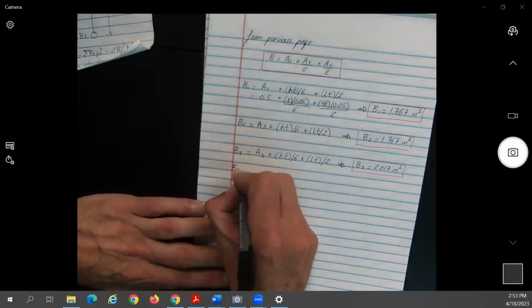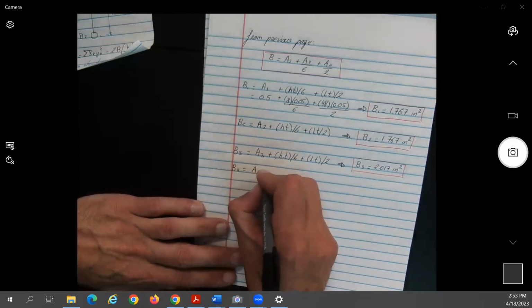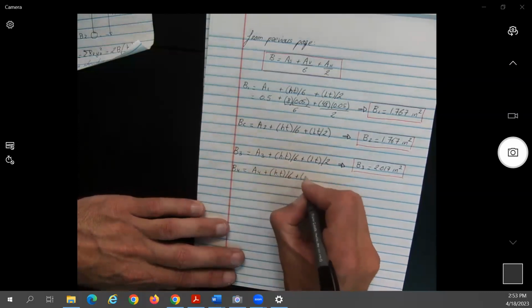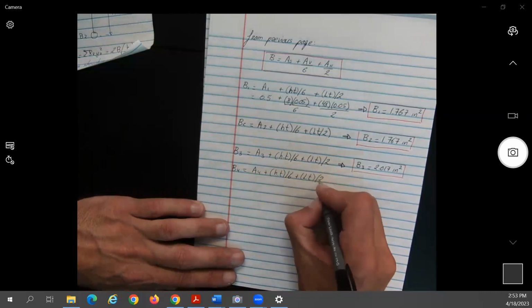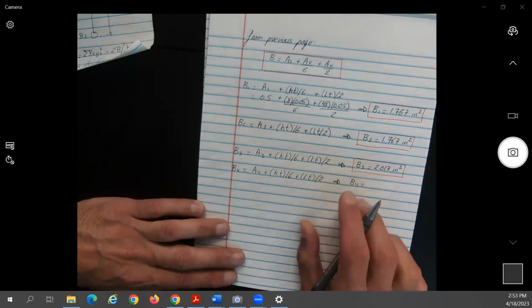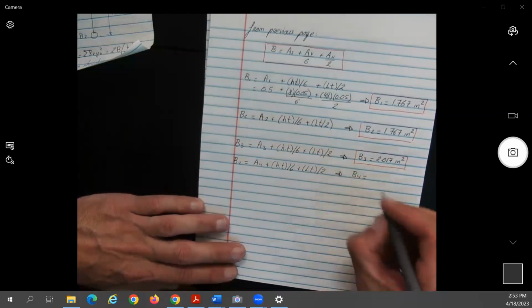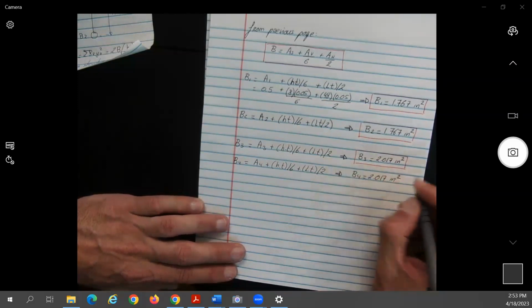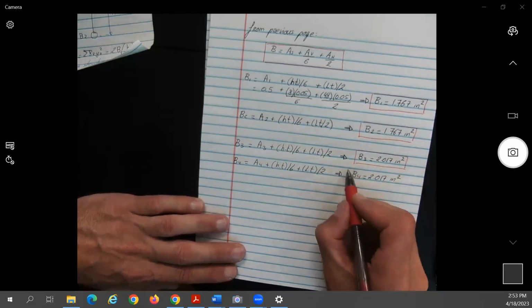And finally, B4 would be equal to A4 plus, again, more of the same, HT divided by 6 plus LT divided by 2, which will give you a value of B4, the same as the other one, 2.017 inch squared.